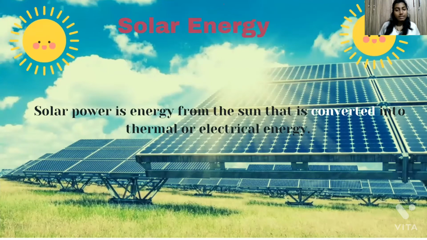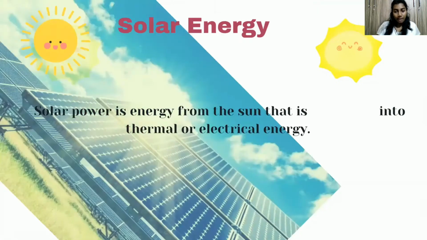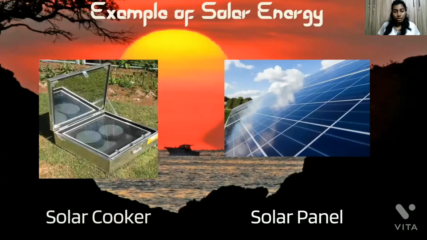Solar heating devices are devices that get heated by absorbing solar energy. For example, we have solar cookers, solar heaters, solar cells, solar furnaces, and many more. Solar cells are also used to convert solar energy into electrical energy.